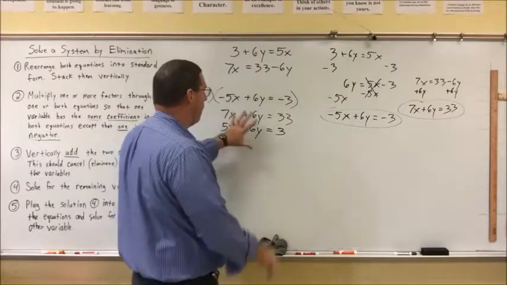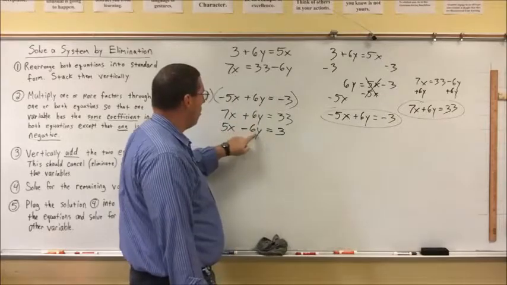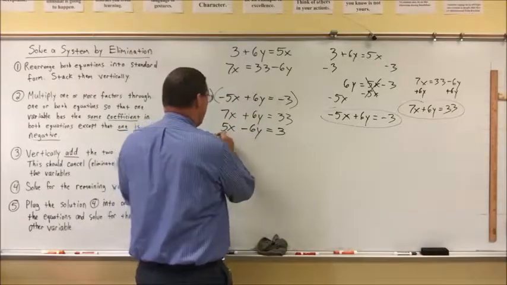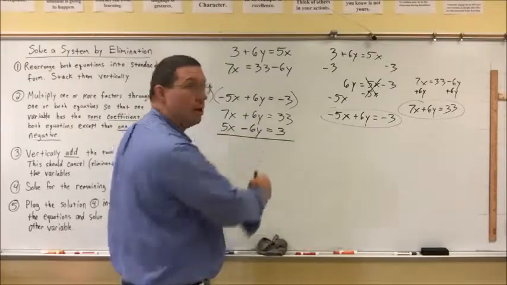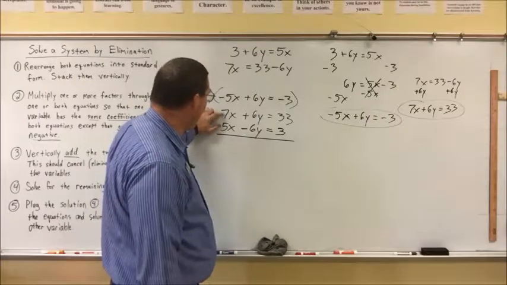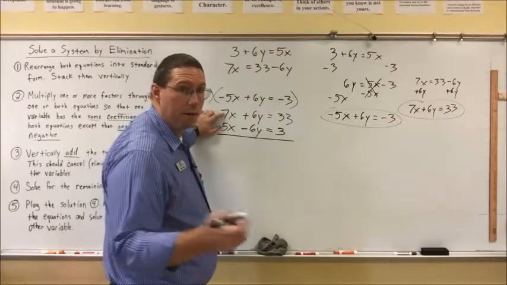Now, I have fulfilled the condition of step 2. I have the same number in front of one of the variables, and one of them is positive and one of them is negative. Now I'm going to draw my horizontal line and combine like terms vertically. I can combine 7x and 5x. If I add those together, I get 12x.